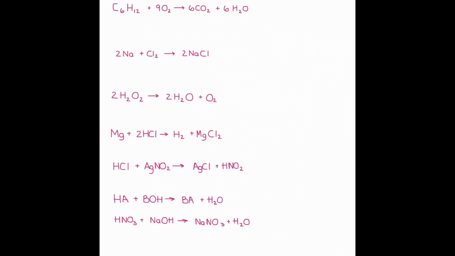In this case, the elements A and B switch places. For example, if you put magnesium into hydrochloric acid, you'll get the following single displacement reaction: Mg plus 2HCl equals H2 plus MgCl2. Because hydrogen is a gas, bubbles can be seen during this reaction.